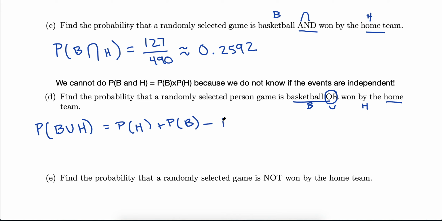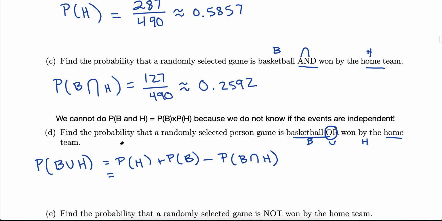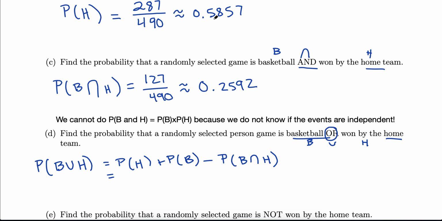And then I need to subtract that overlap so I'm not double counting B and H. And thankfully we've labeled everything very nicely up above, so we don't need to worry about recalculating anything here. H up here was 287 out of 490.